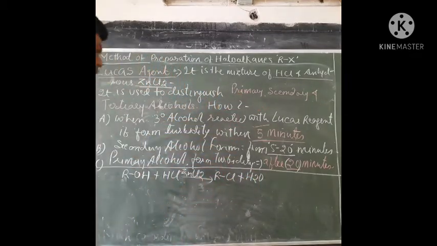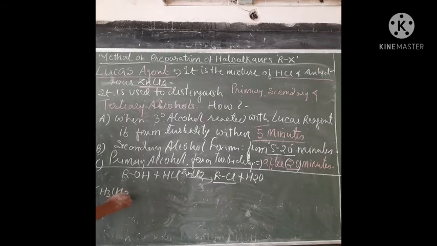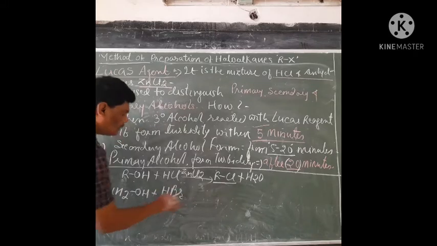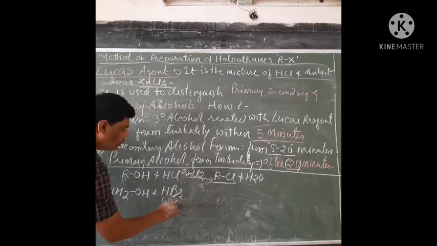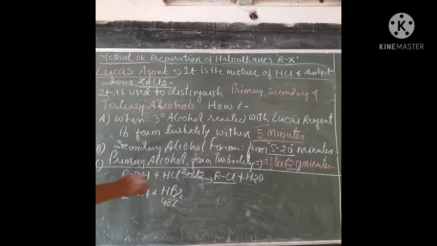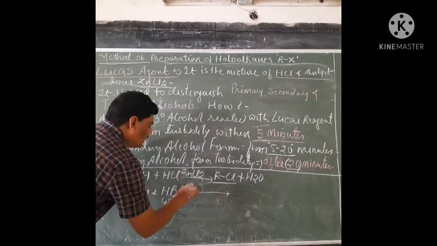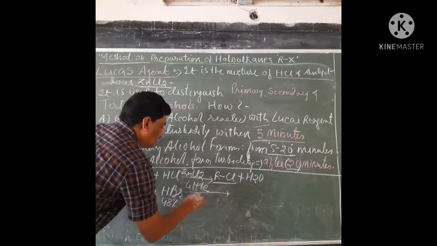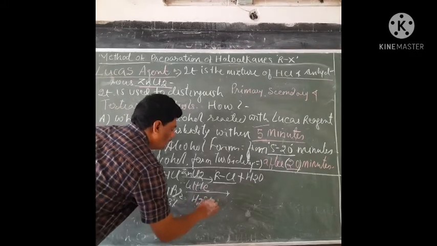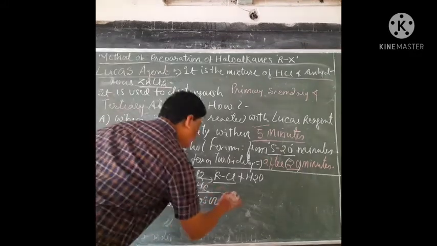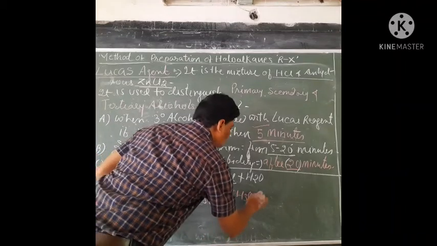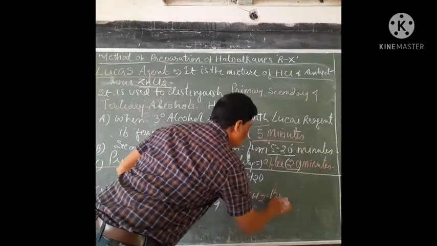In the earlier reaction we have already seen, if we have to form bromoalkane, then CH3CH2OH is treated with HBr. This is 40% HBr in the presence of a little, that is, very small quantity of H2SO4, where it forms CH3CH2Br.